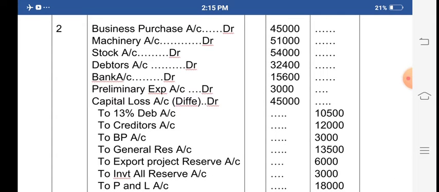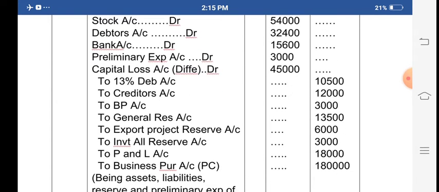To 13% debentures account 10,500, to creditors account 12,000, to bills payable account 3,000, to general reserve account 13,500, to export project reserve account 6,000, to investment allowance reserve account 3,000, to profit and loss account 18,000, to purchase consideration account 1,80,000.